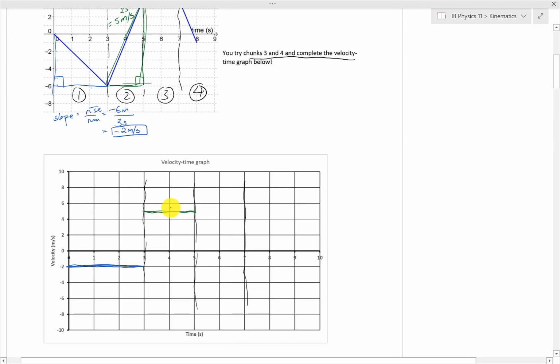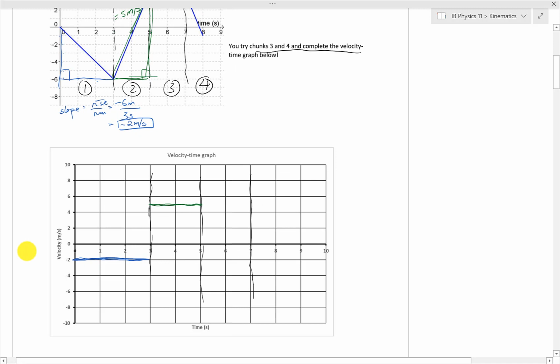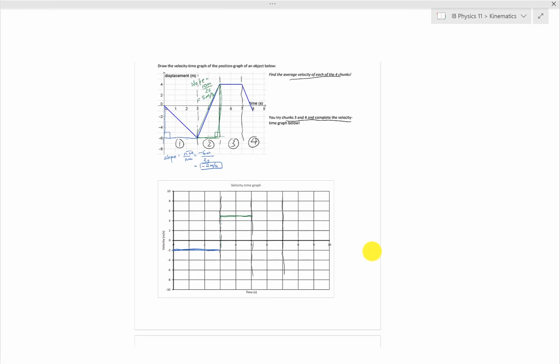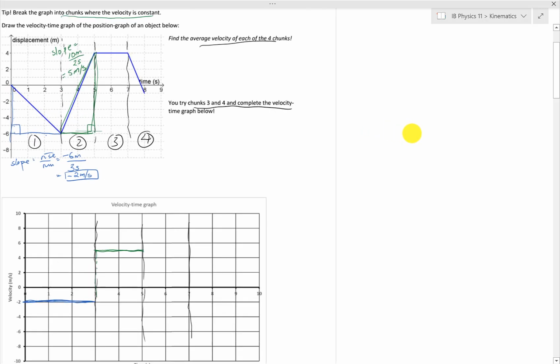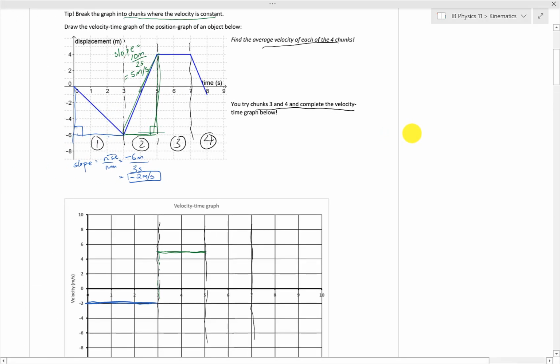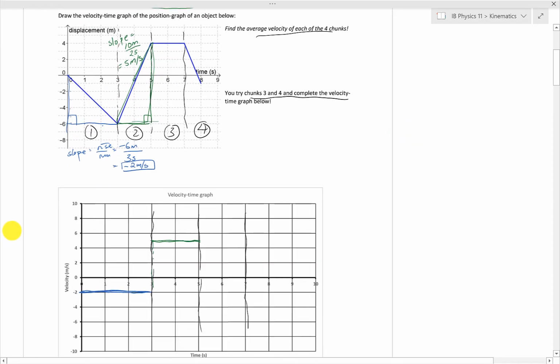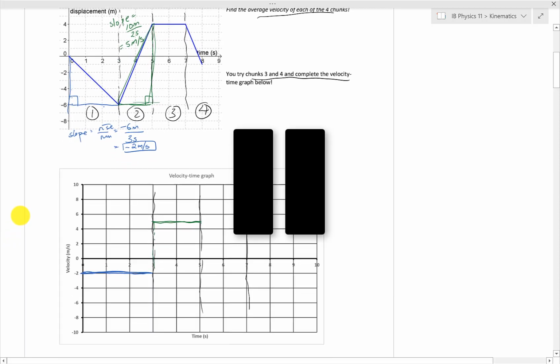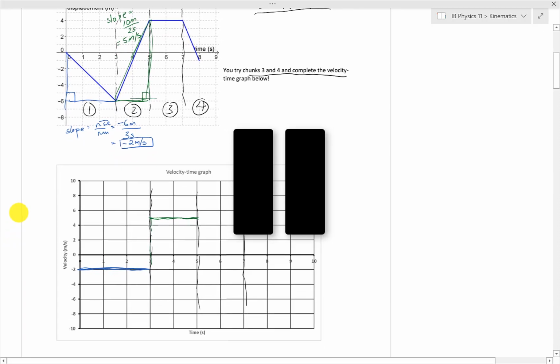But I'll accept either one as your answer later: you could leave it blank, or you could draw a dotted line between these 2. So it just shows the graph is kind of discontinuous in that sense. All right, so that's chunks 1 and 2. I now encourage you to try chunks 3 and 4. So it's a good time to pause, and after the pause, I will go over it.